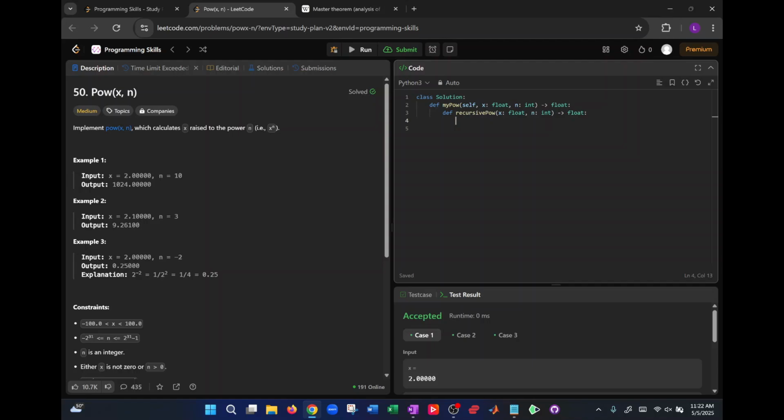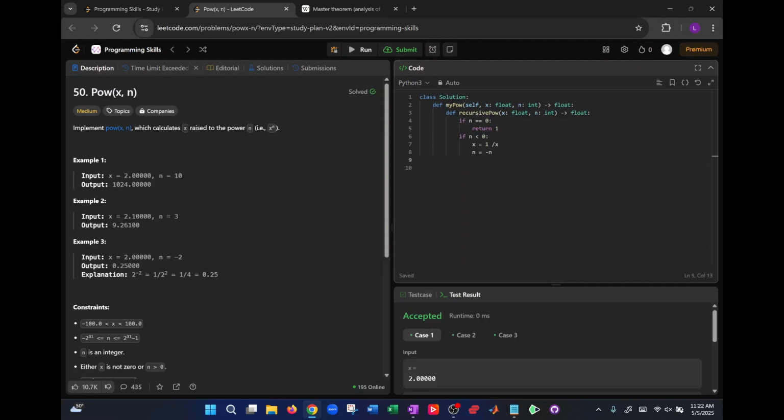Okay, so again, because we're doing this recursively, we need to take care of the base case. So if n is 0, then we're done. We can just return 1. Okay, and then if n is negative, then again, we can do this thing where we take x equals 1 over x, and then n equals minus n.